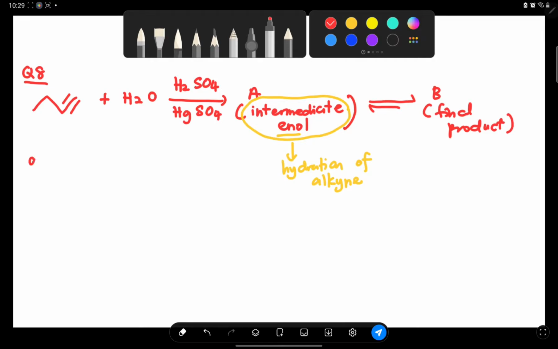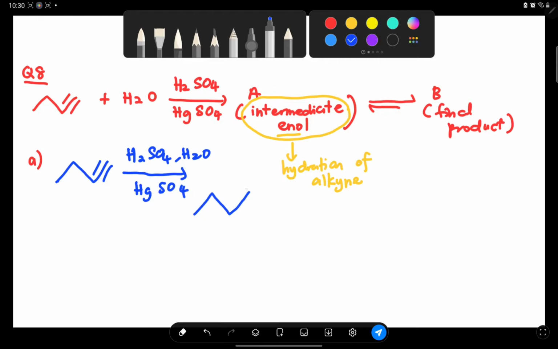The question asks you to predict the structural formula for compounds A and B. So how to produce compounds A and B? React with H2SO4, H2O, and HgSO4.